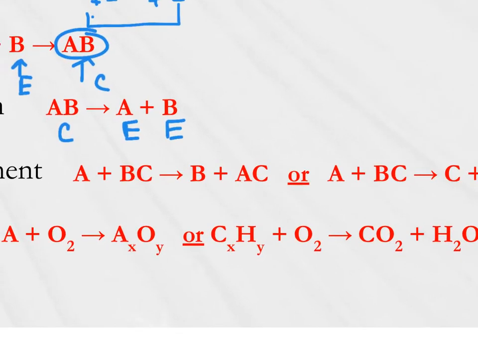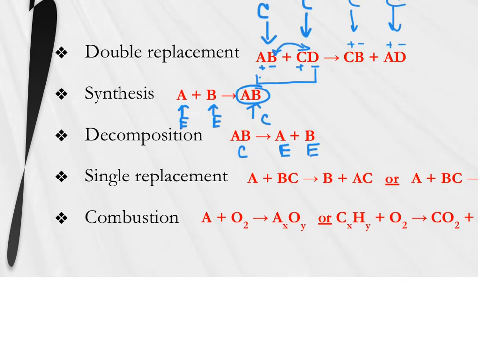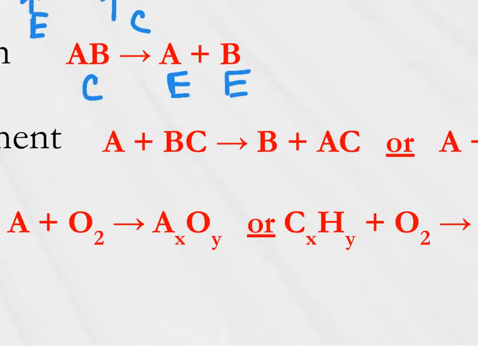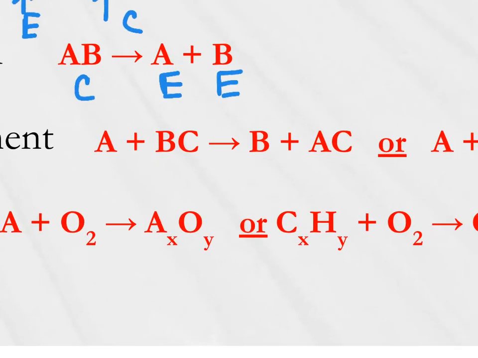All right, this is a single replacement reaction. Instead of two things being switched like in a double replacement reaction, only one thing's getting switched. If you look here carefully, the A is coming in and kicking the B out of the compound.